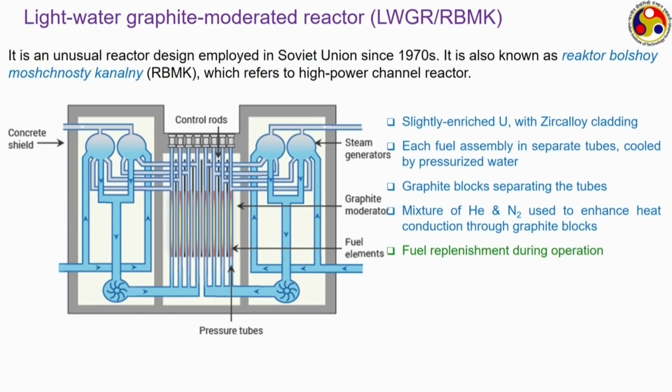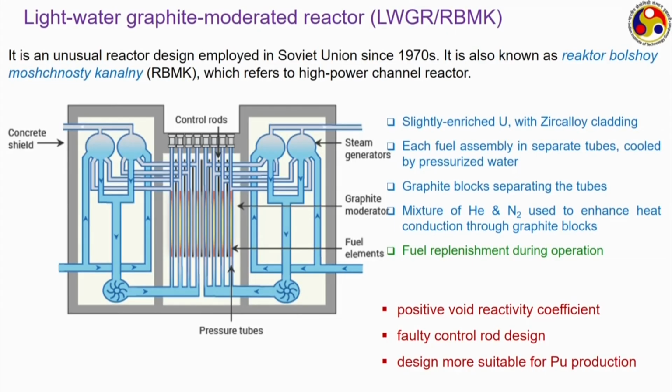As the fuels are placed in separate pressure tubes, even during the running period we can easily remove one or two tubes and replenish them with fresh fuel. This advantage was not present in case of PWRs or BWRs, because they work on the pressure vessel concept and everything inside the vessel needs to be stationary before any kind of refueling.